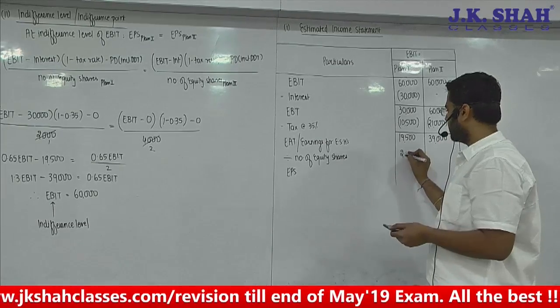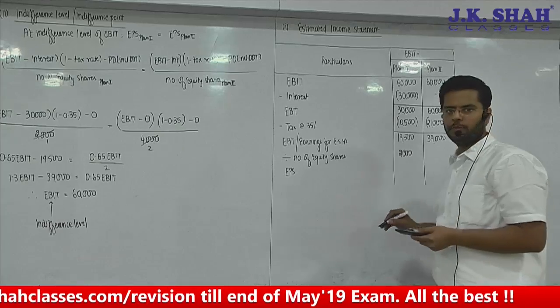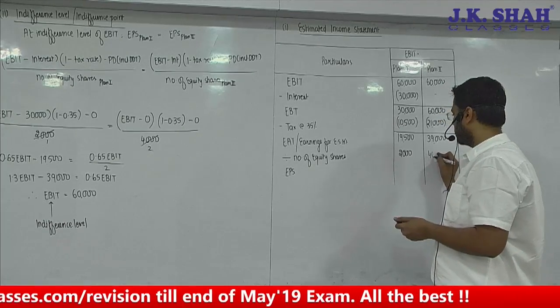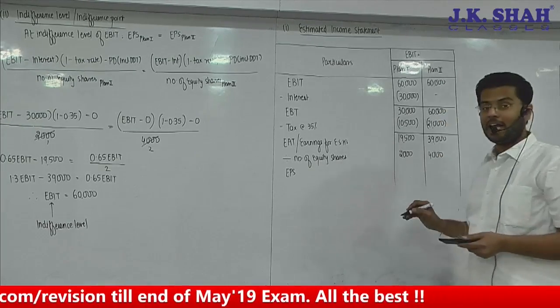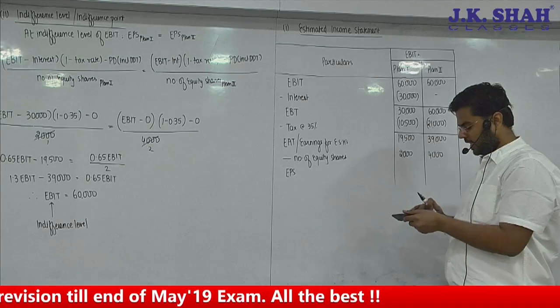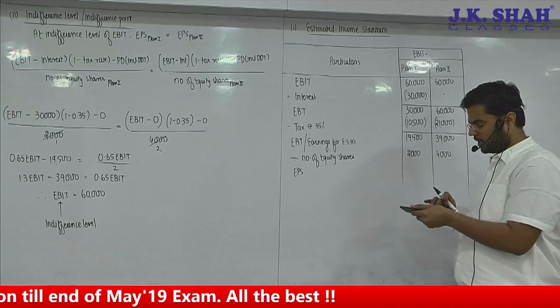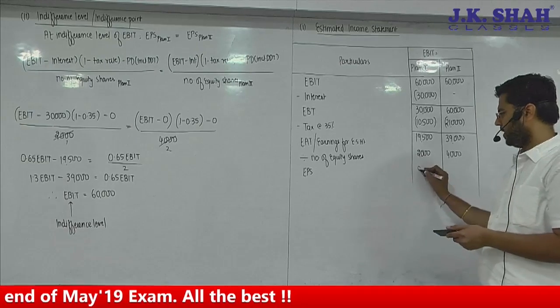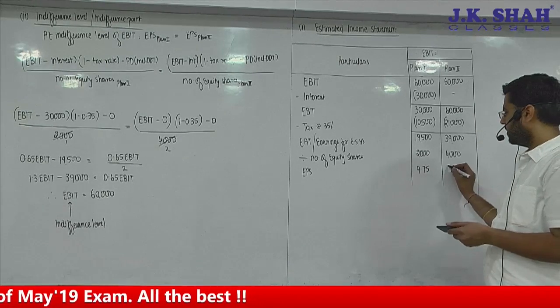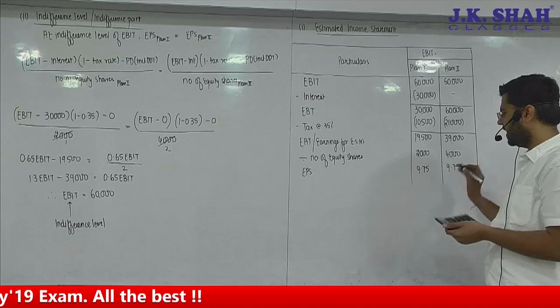The number of equity shares, you can check it from the table. That's going to be 2,000, and we have here 4,000. So when I calculate the EPS, friends, 19,500 divided by 2,000, it's giving me 9.75, and the same would come here, 9.75.